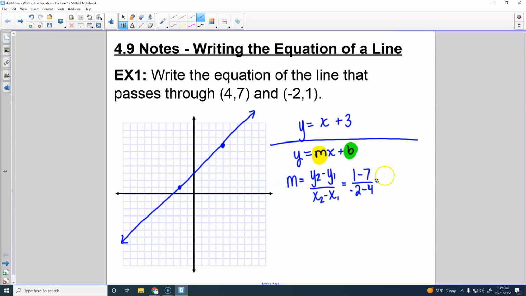Very good. That is going to give us negative 6 over negative 6, which is positive 1, which is what we got for our slope earlier when we were graphing. All right, so we've got our slope. Now, this problem is just like yesterday's problem, except yesterday's problems only gave us 1 point. This one gives us 2.